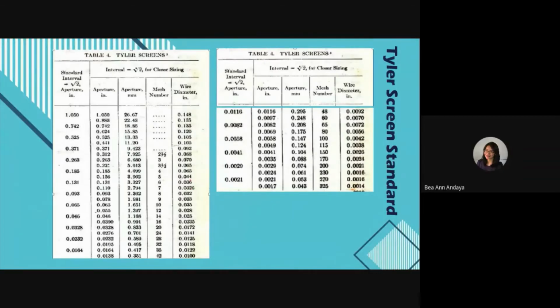Now we have here an example of a Tyler screen standard. So sa table na to, papakita natin yung different apertures or openings ng screens with their corresponding mesh number and wire diameter in inches. So this table is actually based on this one. So this is a 200 mesh screen that already shows its screen interval, sabi nga natin kanina, square root of 2, and its corresponding wire diameter is 0.0021 inches.